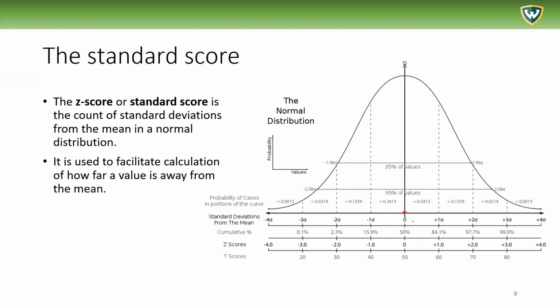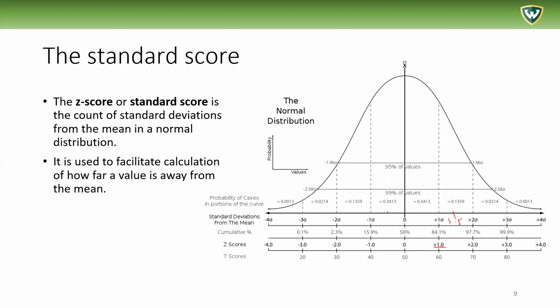It's kind of like 0, and we can calculate the values in terms of standard deviations from the mean. Once again, it's the count of standard deviations from the mean. So a z-score of 1 means 1 standard deviation from the mean. A z-score of 1.5 means 1.5 standard deviations from the mean, and the same goes in the other direction.